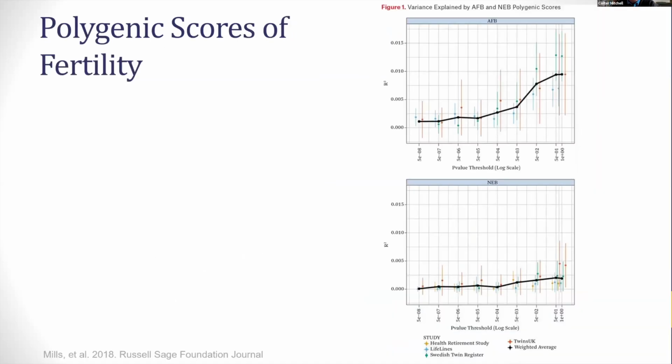But people have done this. They've taken polygenic scores of fertility, created in one study, and tested them trying to predict variance of age at first birth and number of children ever born in other studies. The figure on the right comes from this study, like in the Health and Retirement Study or Swedish Twin Registry, showing how much of the variance was predicted.